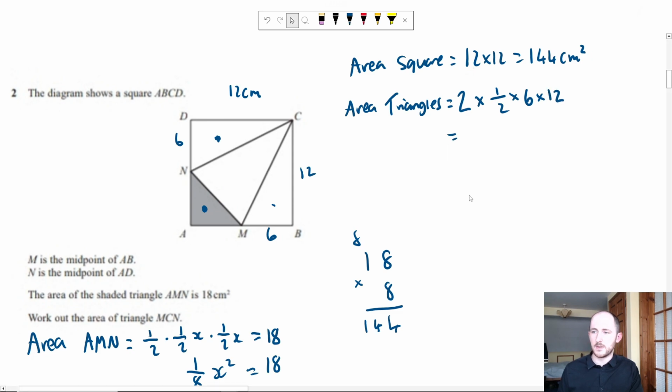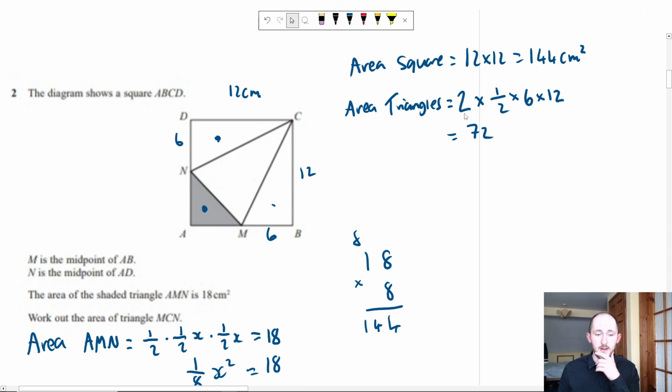Just to make that clearer, this here is the area of one triangle, a half times 6 times 12, but there's 2 of them, so I've timesed it by 2. Hopefully you can see that would be 72, because 6 times 12 is 72, half of that is 36, times by 2 again is 72.